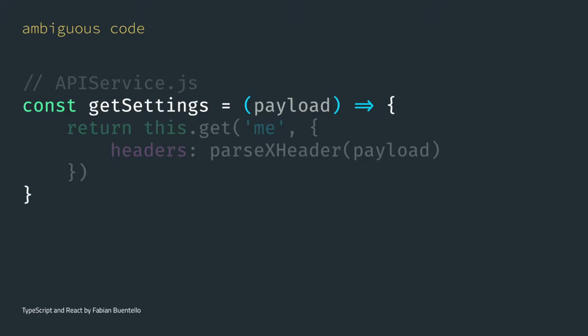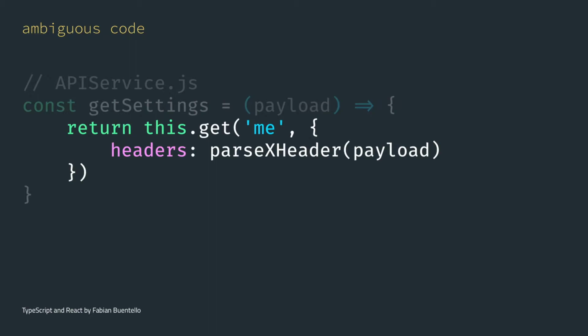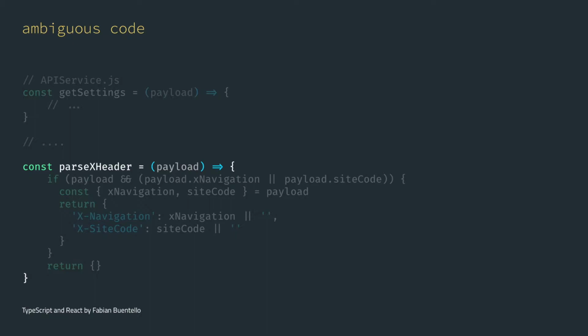So I go into it, and all of a sudden payload gets passed into parseXHeader, and I have no idea what payload is. So what do I do? Okay, well, let's go into parseXHeader, and chances are parseXHeader has documentation, because whichever person wrote this, jerk. I go into parseXHeader, and, no surprise, there's no documentation.